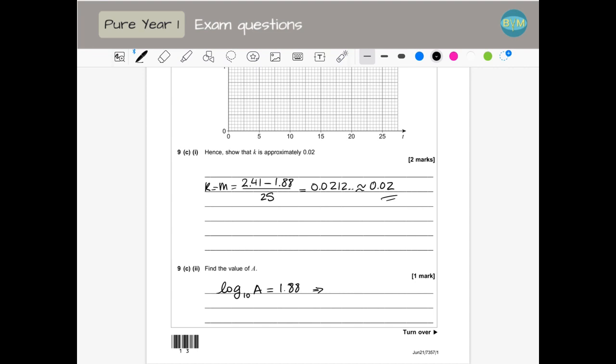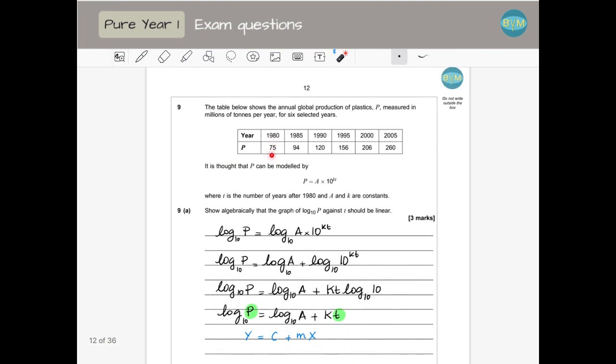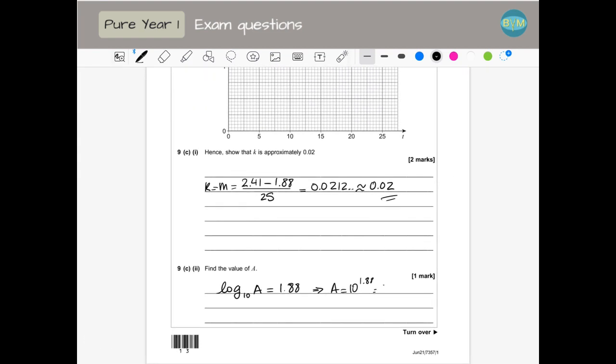So a will be 10 to the power of 1.88, which is... Oh no, we don't need to do that, sorry, because we have the value here. P is 75. Probably this will give us something with decimals, but we don't need it.